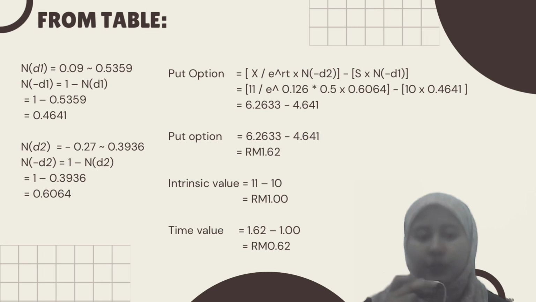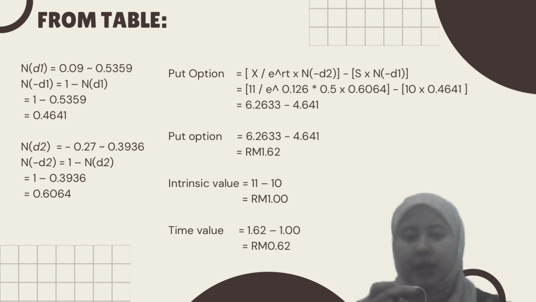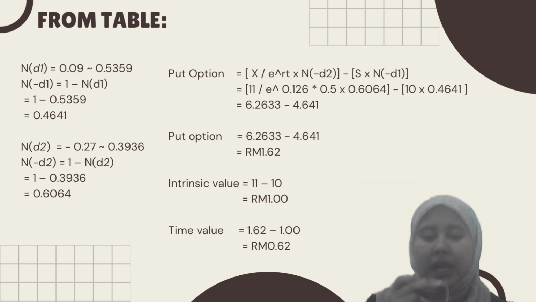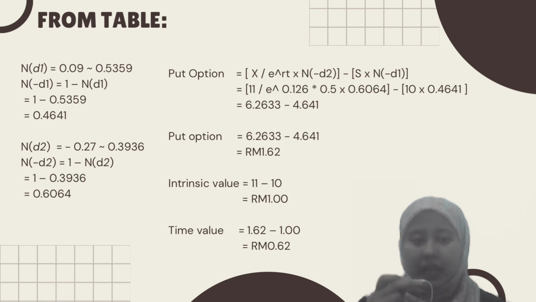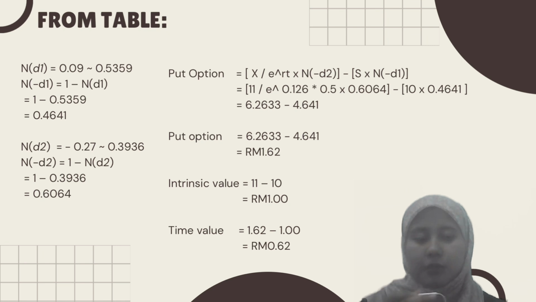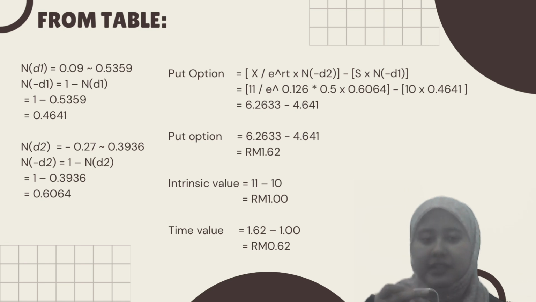And from that, we subtract 10 multiplied by 0.4641. After calculating that, the value becomes approximately 6.2633 minus 4.641. So the final value of the put option is 1 ringgit and 62 cent.